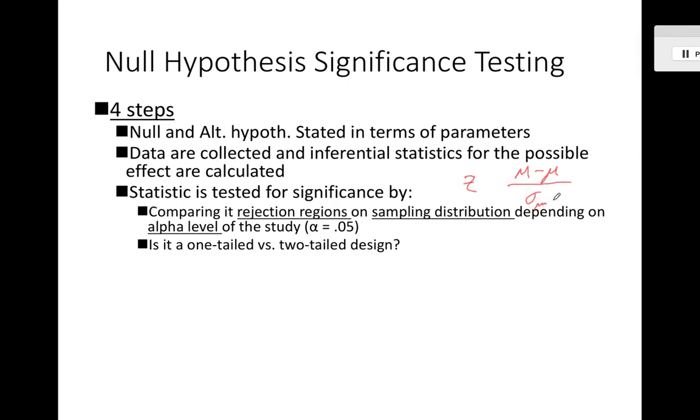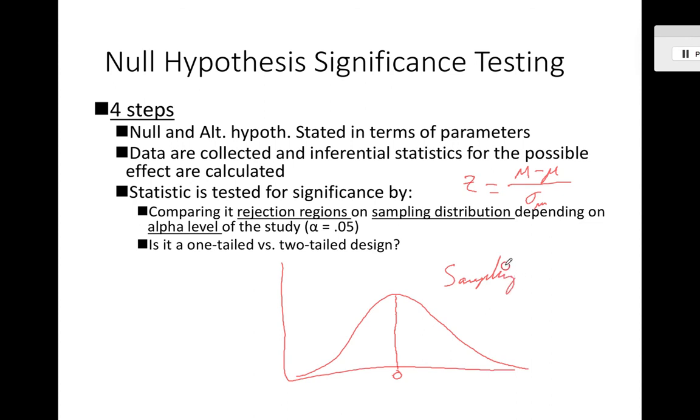Ultimately, I want to know where my z value lands on what we're going to call a sampling distribution. Even though we do call this a normal distribution, we're going to call this a sampling distribution. Okay, so this is my sampling distribution.